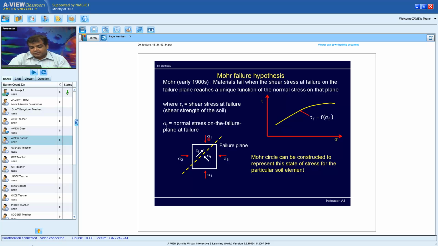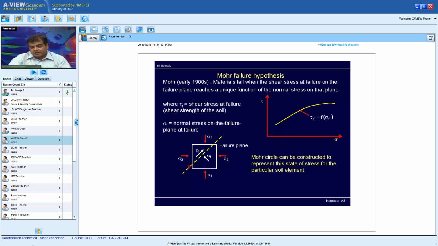But what if you reach a situation such that sigma 1 and sigma 3 have a unique relationship such that this tau value reaches failure? So you have a tau value which reaches failure. Likewise, the normal stress is also on the failure, meaning the failure plane.